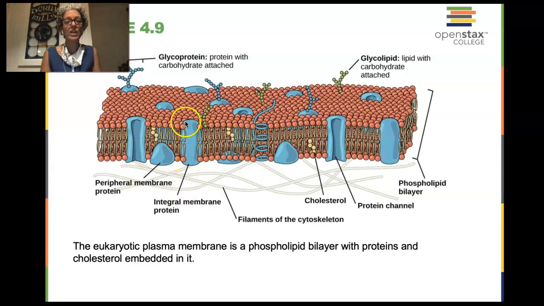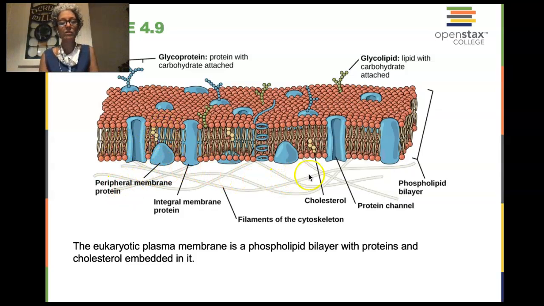We have integral membrane proteins, meaning they integrate all the way across both sides of that bilayer. We also have peripheral proteins. This one's stuck to the inside of the cell membrane. There are some stuck to the outside, but they don't cross that fatty acid bilayer.